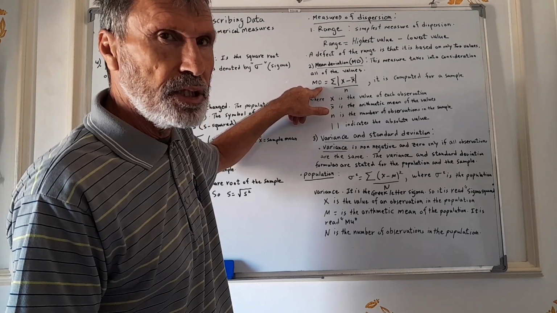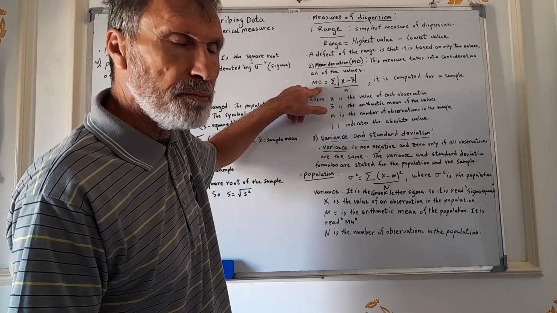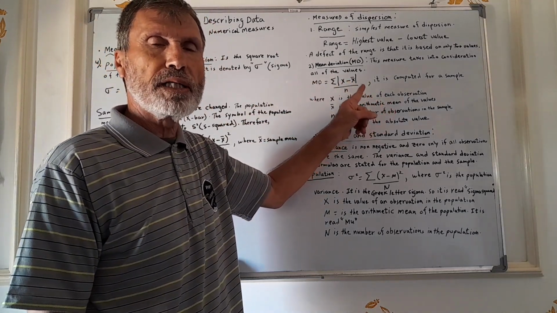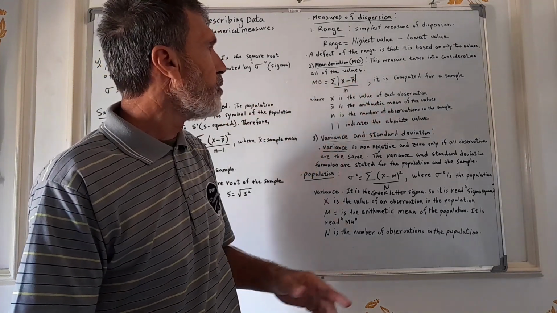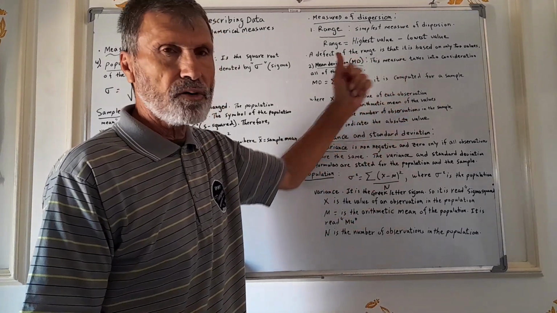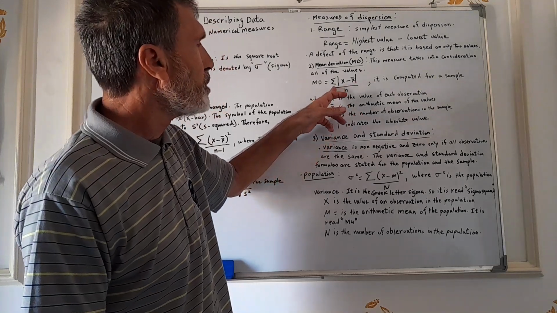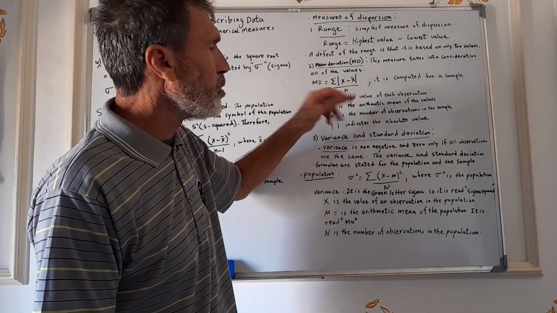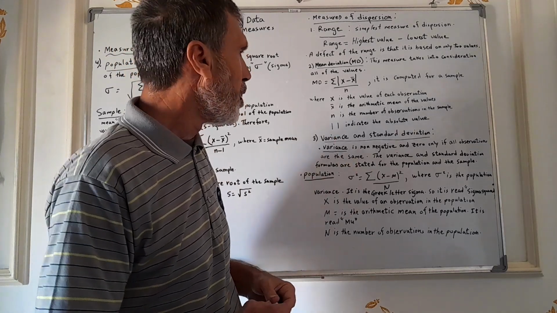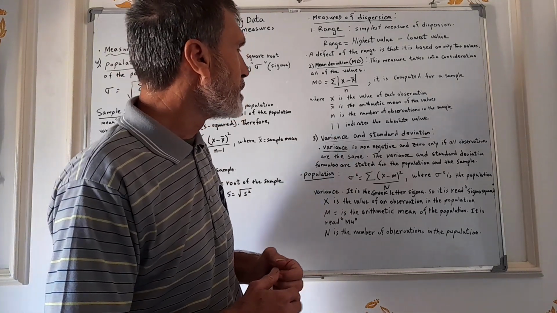So this is the formula for the mean deviation. It is denoted by MD, mean deviation, which is the absolute value of x minus x bar, where x bar, of course, is the arithmetic mean of the values. Here it is stated for the sample, so it's going to be the summation of |x minus x bar| over n, where n is the total number of observations in the sample.